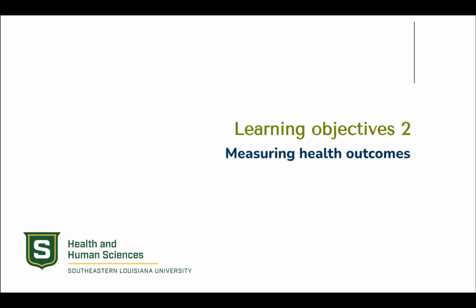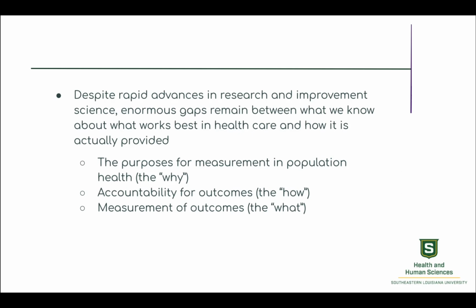So, measuring health outcomes. One of the things that is really important as population health managers is understanding that a lot gets done in terms of health. There's a lot of money that goes into intervention programs, and a lot of money goes into research.